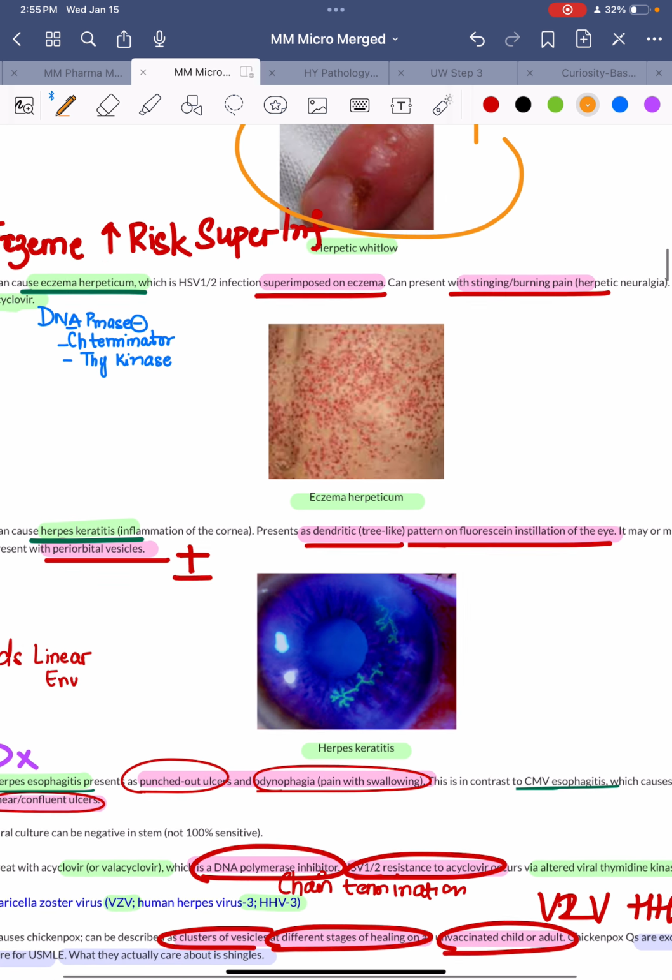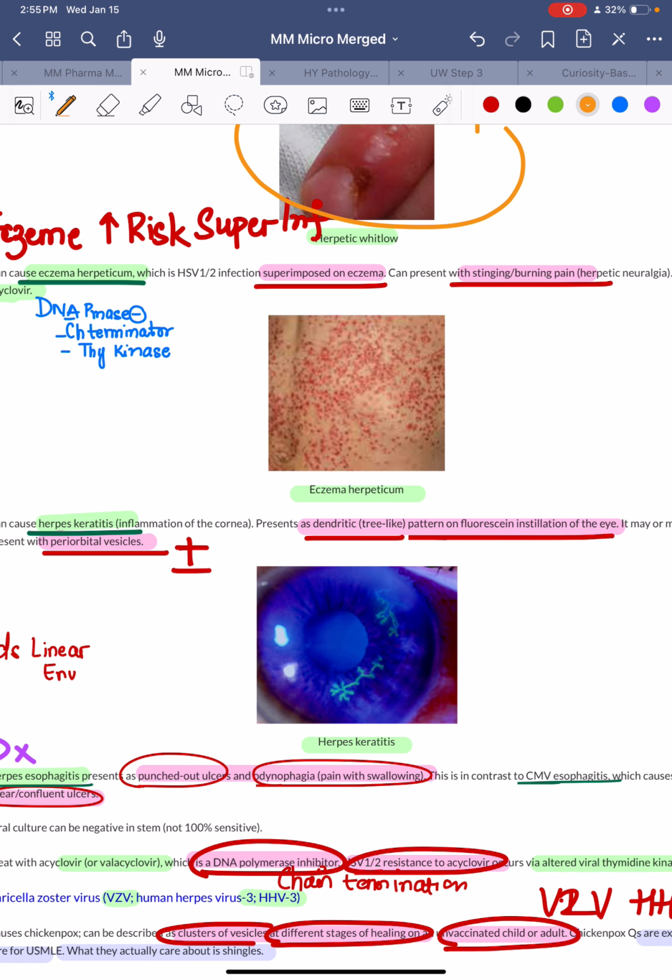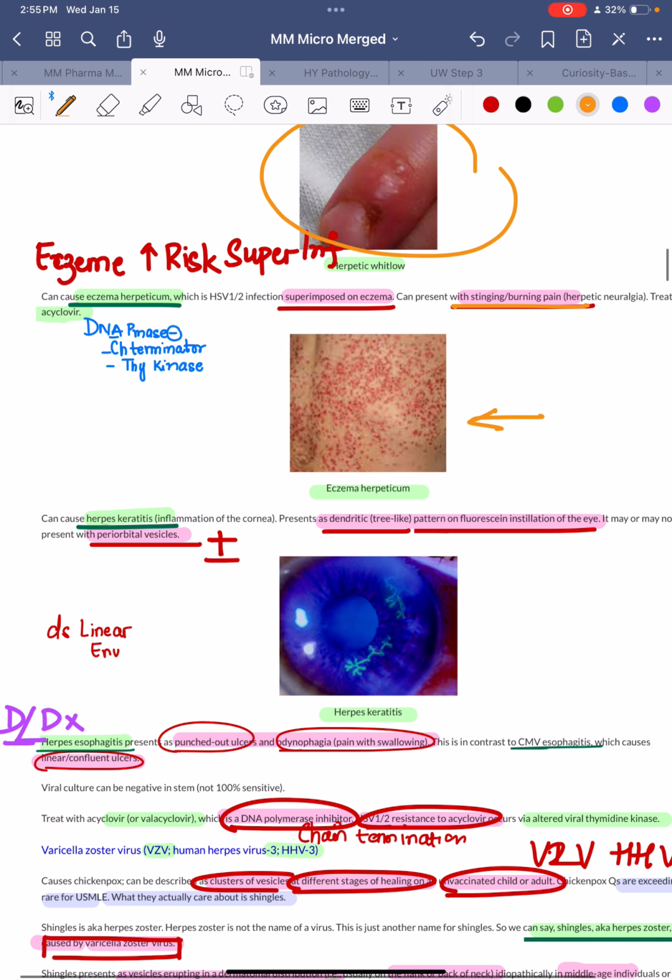And there can be another patient who has a history of eczema, and right now he is developing these vesicles and stinging, burning pain on top of the eczema. Then the diagnosis would be eczema herpeticum, and the treatment for this would be a drug known as acyclovir, and the infectious agent is HSV 1 and 2.